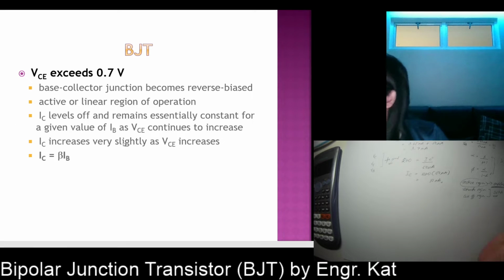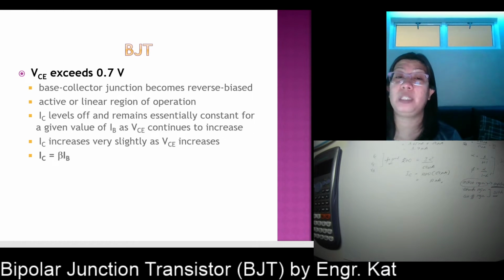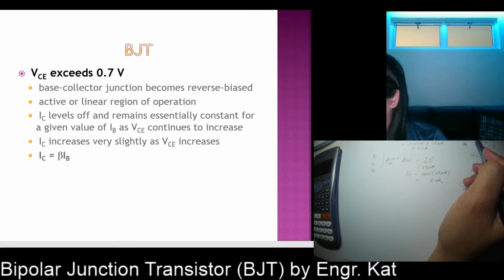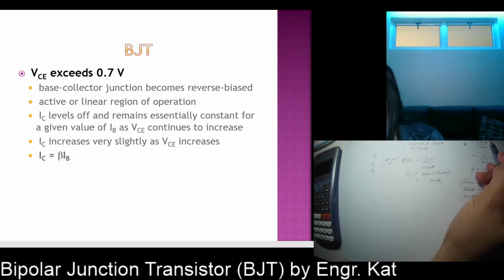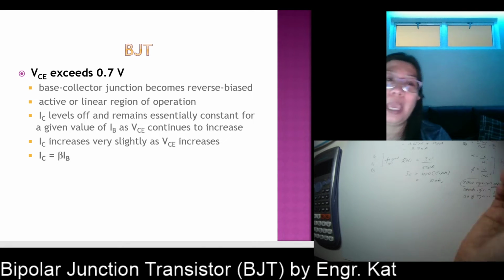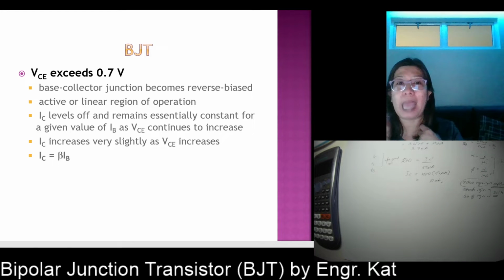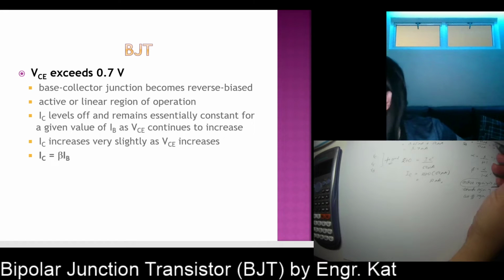As you can see, in our formula, IC is independent of VCE. So even though VCE continues to increase, what happens to your IC? It will not change because IC is only dependent on IB. IC increases or decreases with respect to IB.